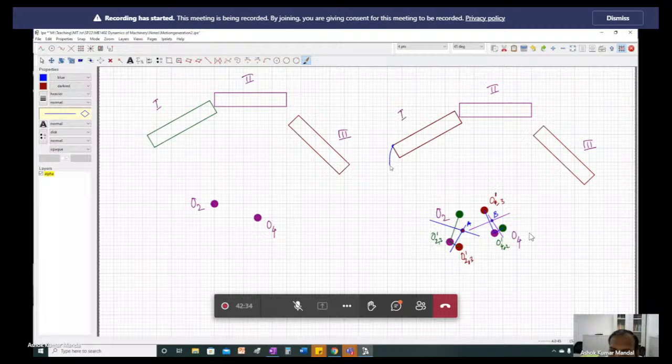You can extend the coupler anyway, like this. Although this is not a very good solution, it is a solution for this particular problem.